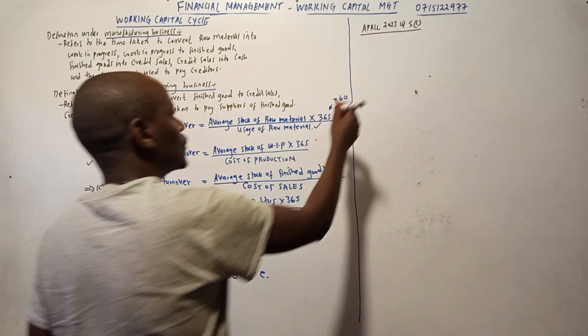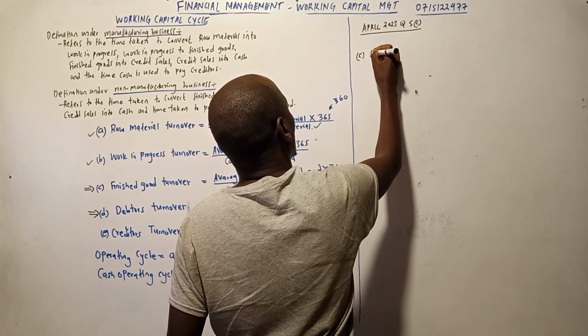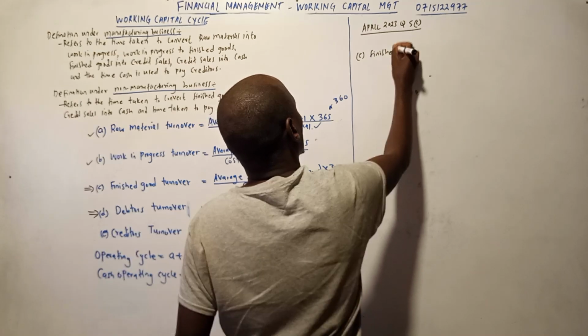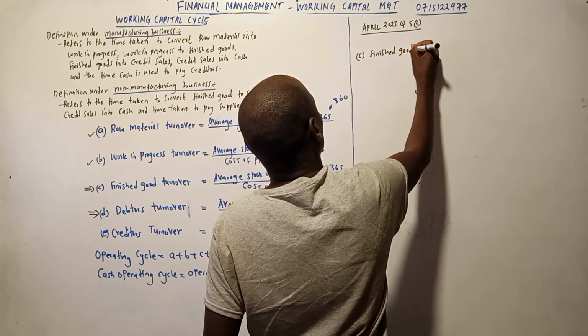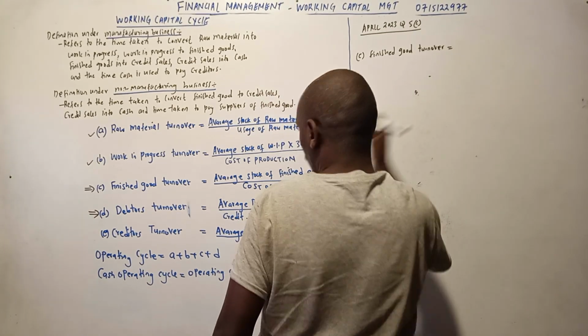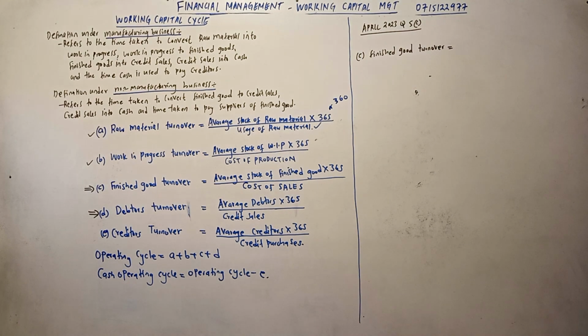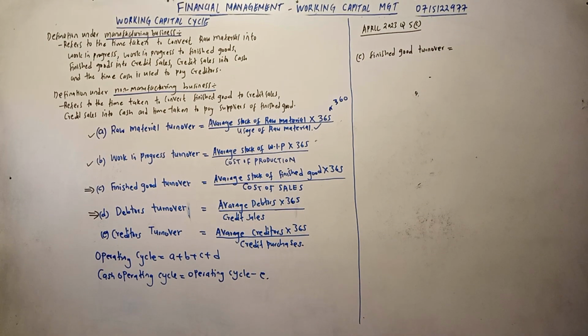So we compute C, finished good turnover. So average stock. We need to take the average of the opening and the ending. The opening is 4,000.